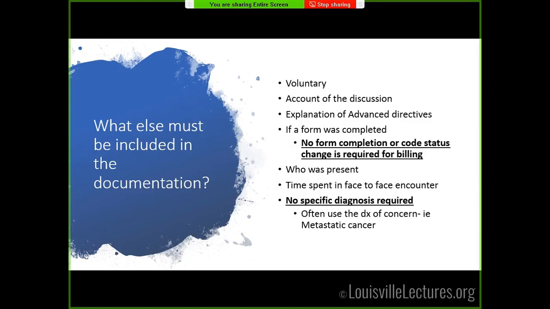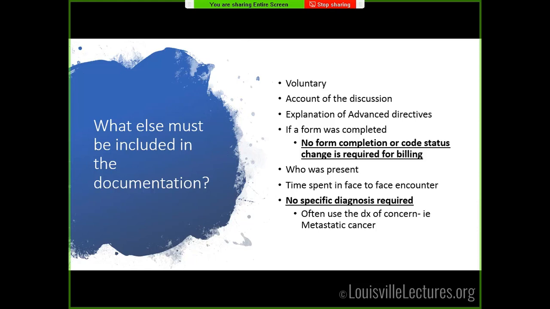So what else must be included in the documentation? Obviously that it's voluntary. An account of the discussion, so what we talked about together, explanation of advanced directives, if a form was completed, but again, no form has to be completed to bill for advanced care planning, who was present during the time that we had this conversation, the time spent on the face-to-face encounter in minutes, so not necessarily time in, time out.